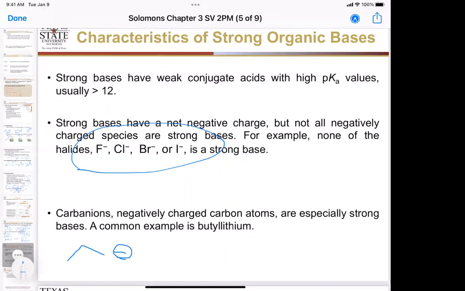Negative charge on carbon. Think about it. The pKa of the sp3 hybridized carbon is 50, 55, and 60. So it's the least acidic thing we have, making it the most basic of our anions. And it can be sp, sp3, or sp2 as the anions here. So these anions are our strongest bases.